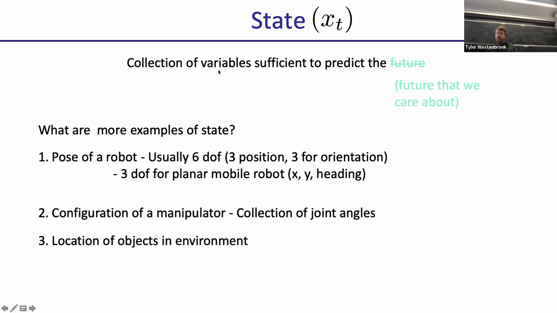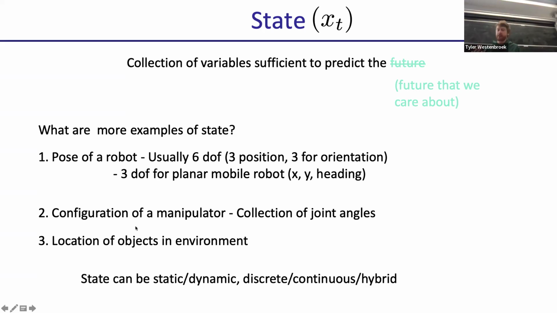If you're trying to localize objects in the room, this can be a bit more complicated. So this can be things like dynamic objects, objects that are moving through the world, like pedestrians in front of your car. They can take on a lot more complicated values. You can have discrete/continuous things, so trying to estimate, is there an object on this table? If so, where is it? But the point is, our notion of state can get very complicated, and you'll deal with that later in the course.